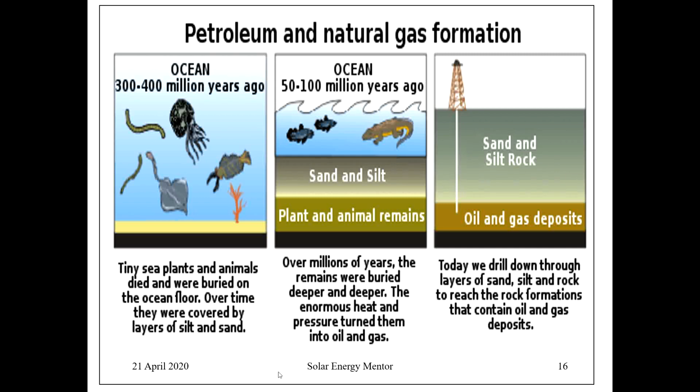So they were buried deeper and deeper. The enormous heat and pressure turned them into oil and gas. So today we drill down through the layers of sand, silt and rock to reach the rock formations that contain oil and gas deposits. That's how we obtain crude oil and natural gas.